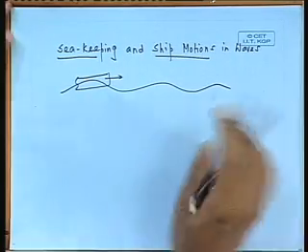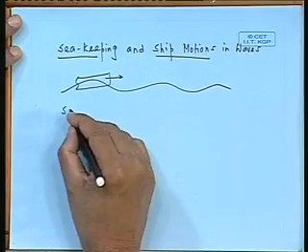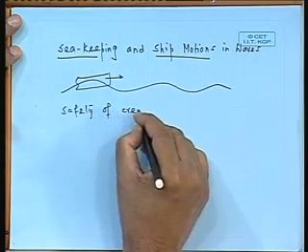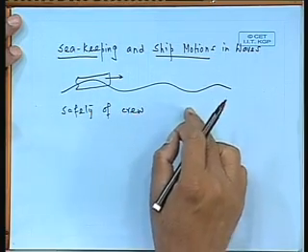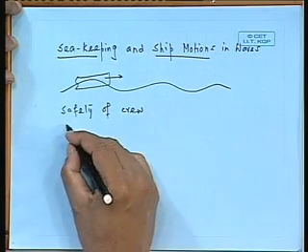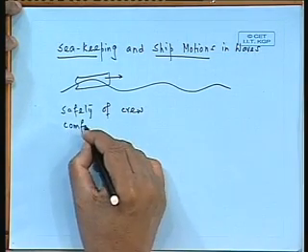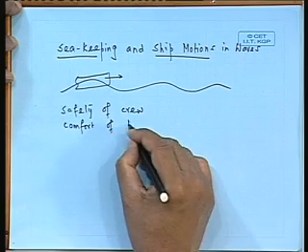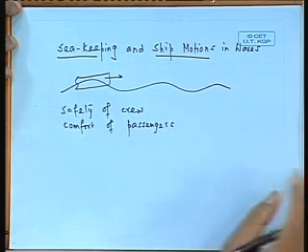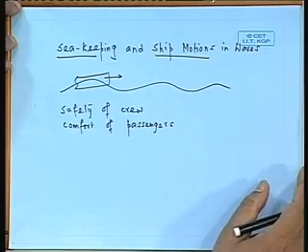For example, safety of crew is associated with this. See, if there is a large wave, the ship might capsize. Comfort of passengers, this I need not tell this audience much because you have been on a ship, you know.